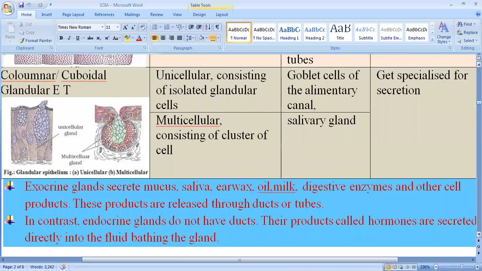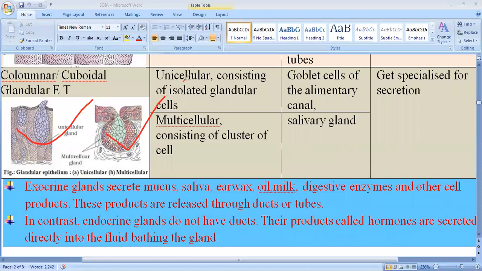Okay. Next and last type of simple epithelial tissue is the columnar glandular epithelial tissue or cuboidal glandular epithelial tissue. Glandular means they are involved in the secretion phenomenon. And they also have two different types: one is unicellular, another is multicellular.